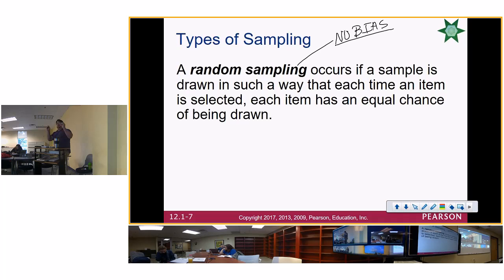If there's any inkling of bias, it's not good in statistics. Capiche? So under no bias, you could put uniformity, you could put down the middle, you could put anything right in there because that's what you're trying to be.